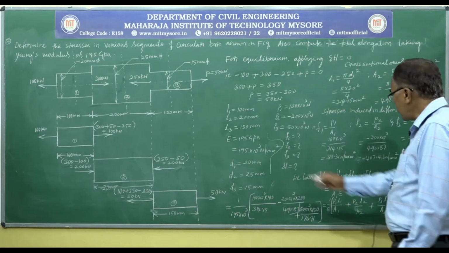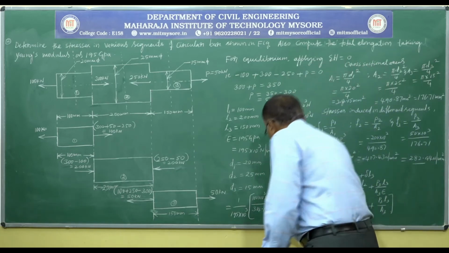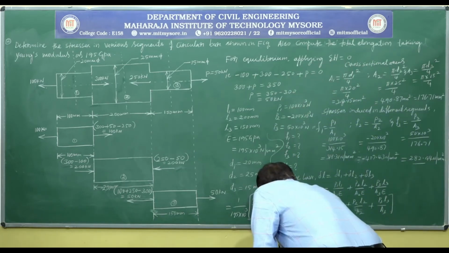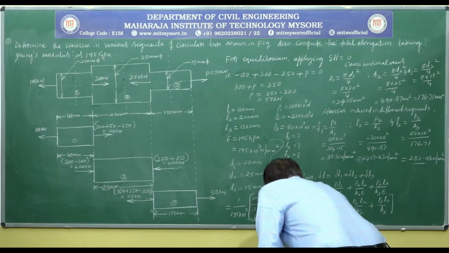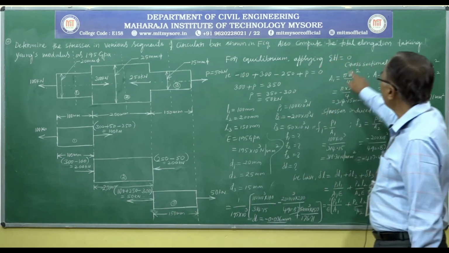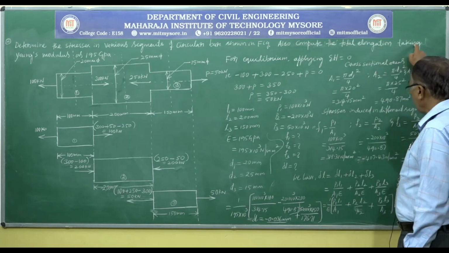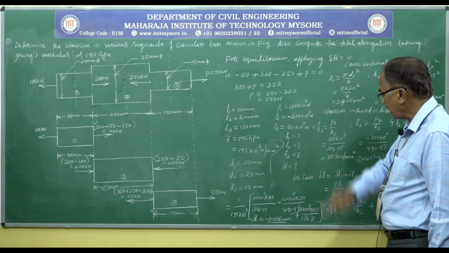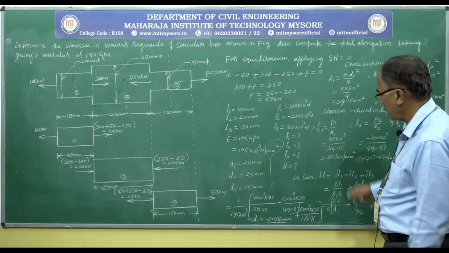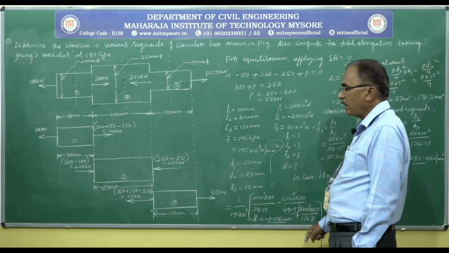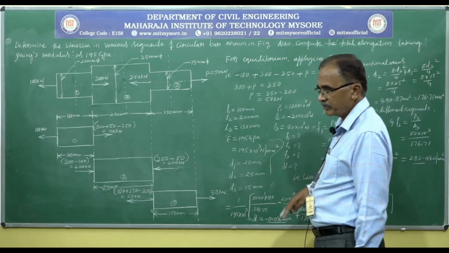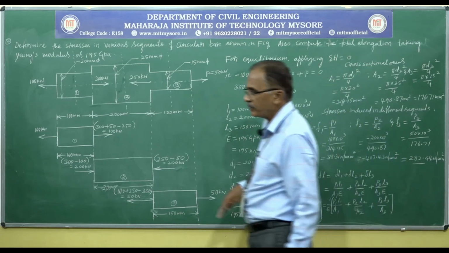So if we solve this, we will get delta L is equal to minus 0.036 millimeter. In the problem, it is asked to calculate total elongation, and we got a negative value. So this negative value of delta L indicates it is a contraction, and there shall not be any confusion.